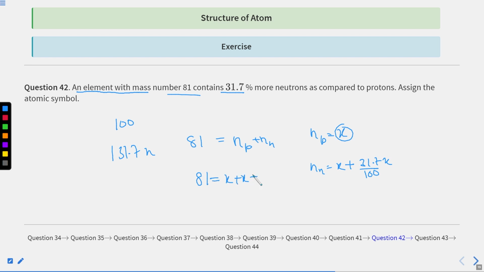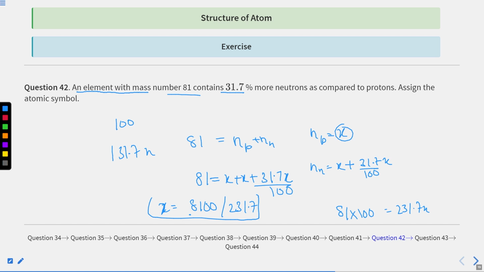So we can put these values here: x plus 31.7x by 100 equals 81. Multiplying by 100 here also, that would give us 231.7x equals 8100, if you solve it. Now x will be equal to 8100 by 231.7.